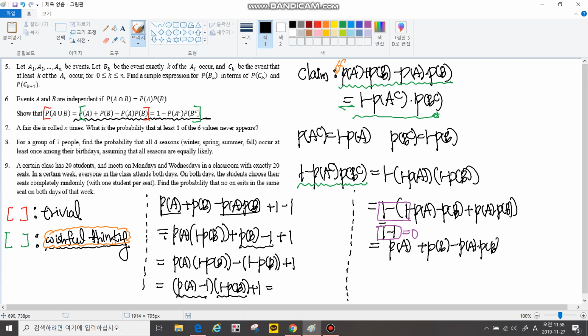Just move 1 to the other side by the commutative law, then 1 plus this part becomes, since you factored it by negative 1, minus P(A complement) and P(B complement), right? By the axioms of probability.